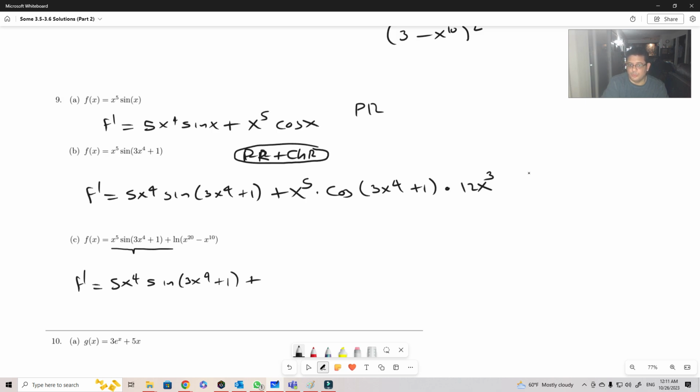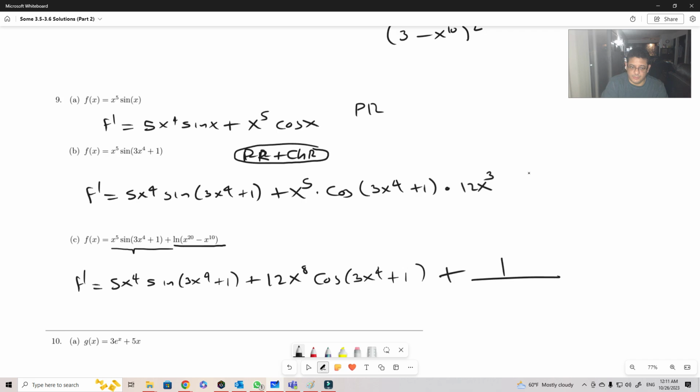I can multiply this, simplifying a bit. This is 12x to the 8. And now I can add the second part, which is corresponding to this.